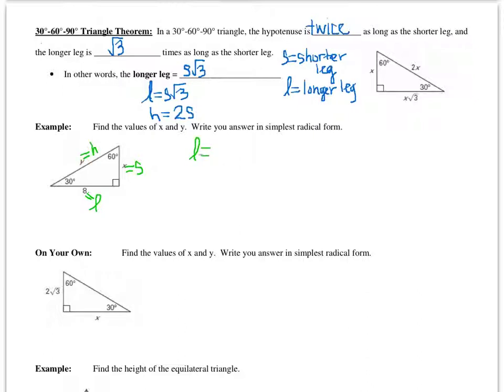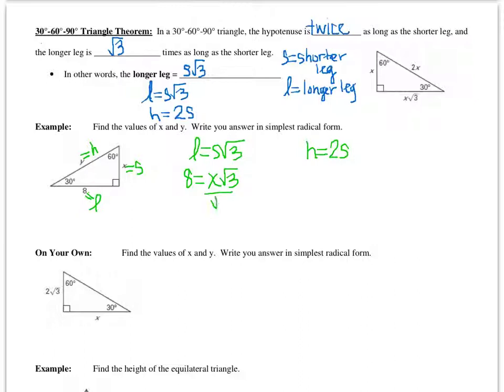So let's write our two formulas. We have longer leg equals shorter leg times the square root of 3. We also have hypotenuse equals 2 times the shorter leg. And let's fill in what we know. Our longer leg is going to be 8 equals our shorter leg, x, times the square root of 3. Now I can solve that one for x since I have only one unknown there.